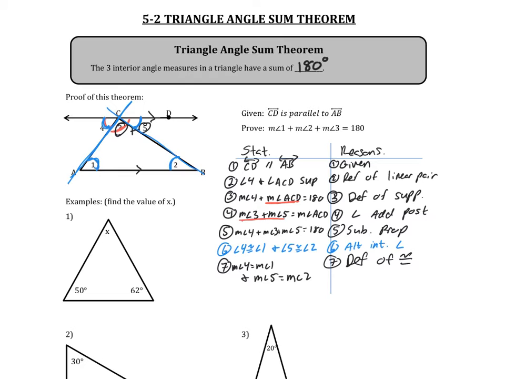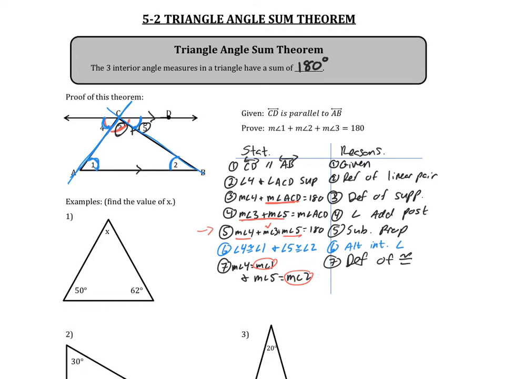Now I can go about using some substitution, because up here in line 5, I really would like that to be the sum of the interior angles, which means I want angles 1, 2, and 3. So I have angle 3, I need to replace angles 4 and 5. Well, I just gave myself the ability to do that right here.